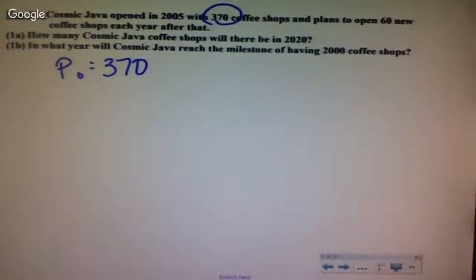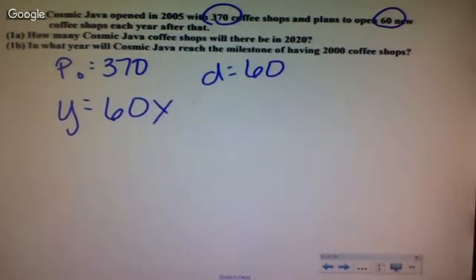Well, what's 60? D. It's going up by 60. We're opening new shops, so it's increasing by 60 every year. Okay, so that means my equation is y equals 60x plus 370.